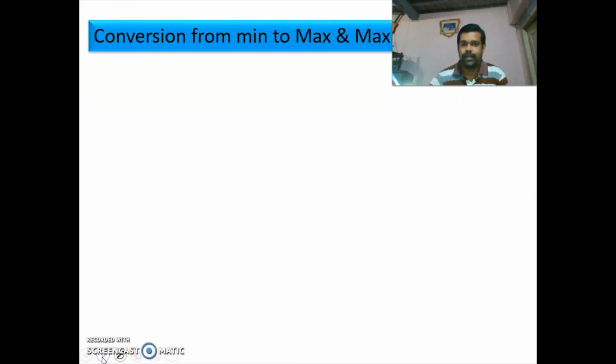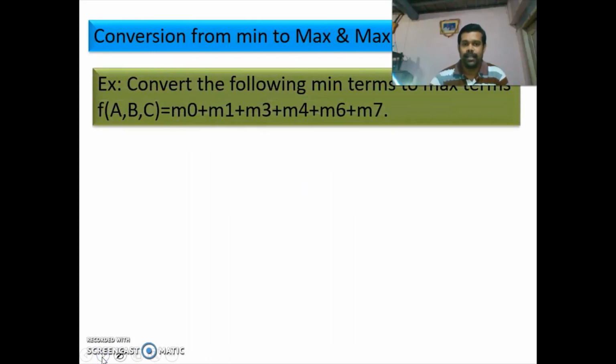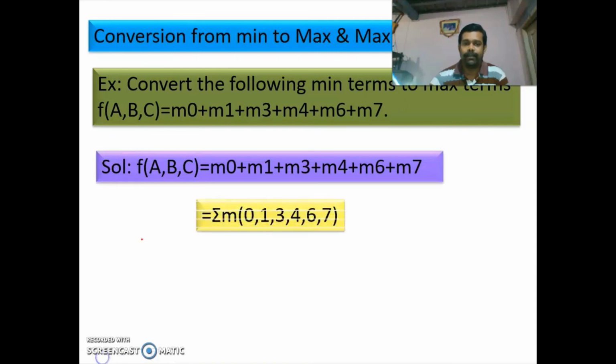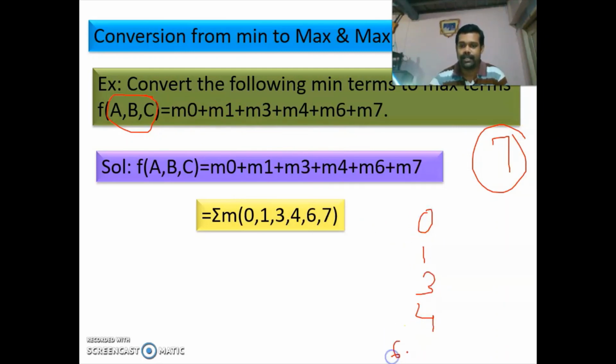Product of sums. Now, conversion of min terms and max terms. You have the min terms m of 0, m of 1, m of 3, m of 4, m of 6 and m of 7. Here you have 3 variables, so with 3 variables you can write numbers up to 7. Already you have 0, 1, 3, 4, 6 and 7.